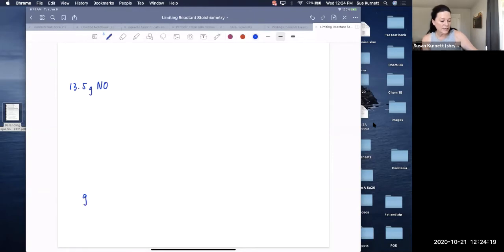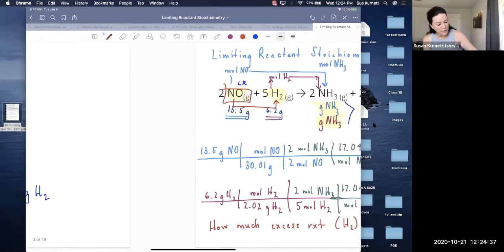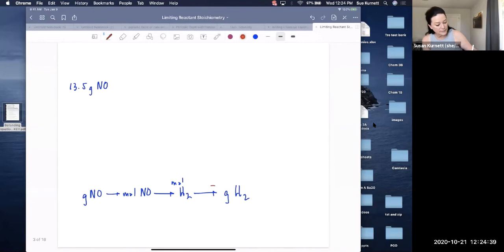And I'm going to go from grams of one reactant to moles, and use the balanced equation to go to moles of the other reactant, and then to grams. And then those grams I will subtract from the available grams to see how much is left over.